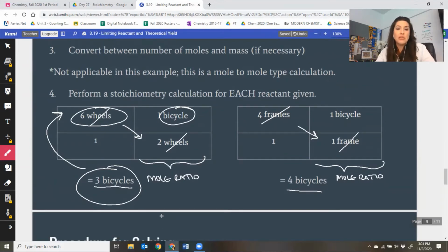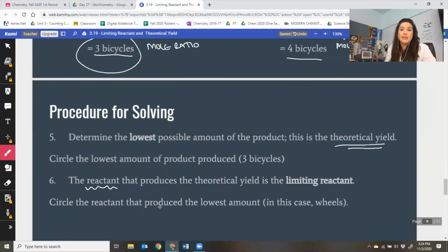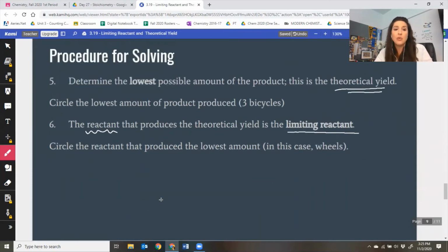So wheels becomes my limiting reactant, the reactant that produces the smallest amount. Whatever you started with that gave you the smallest quantity possible is your limiting reactant. You're limited from making more by that reactant. You could make more if it wasn't for the limited amount of that reactant. So in this case, it is wheels.